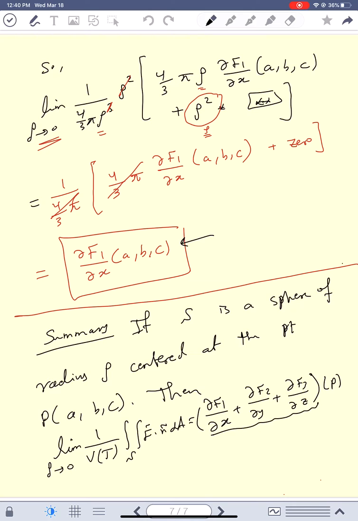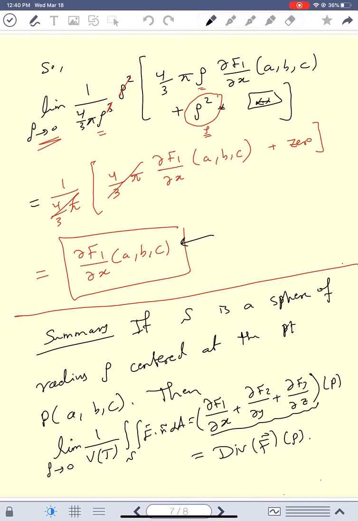And remember, what is this quantity? This is exactly the divergence of f at the point P. So this is the big relation between the divergence and the surface integral. This is the meaning of the divergence, and this is the meaning of the surface integral. Remember, the surface integral is the flux. So what we're saying is, you have a sphere, you have a vector field.